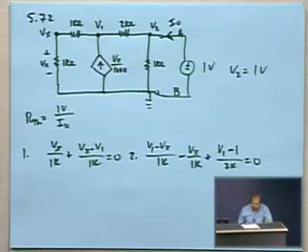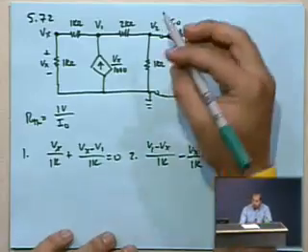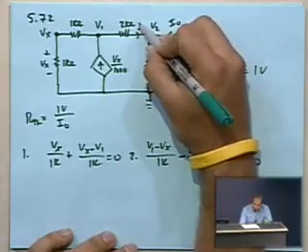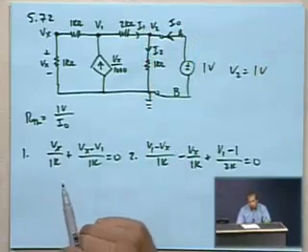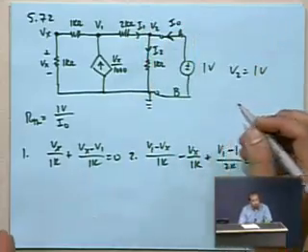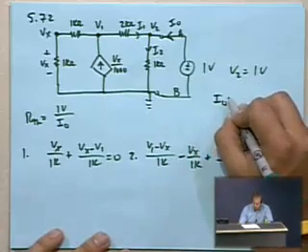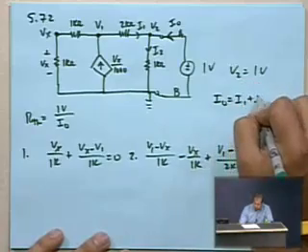And realistically, the way that we're going to attack this is that we will find out, call this one I2, call this one I1, and we'll recall that KCL in the first place says that I0 will equal I1 plus I2.